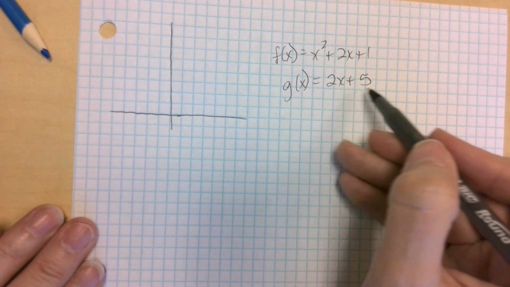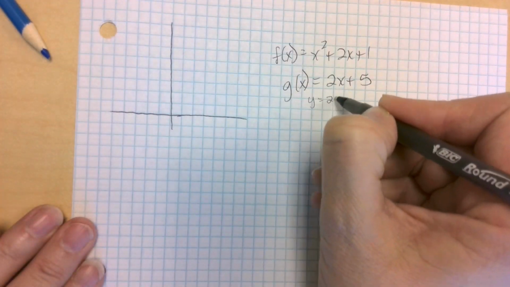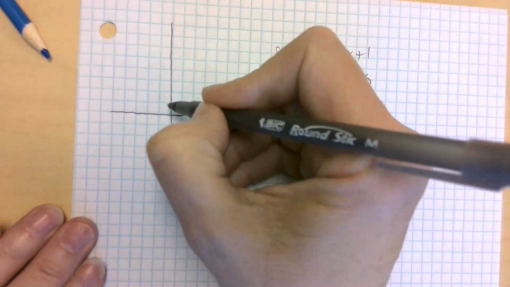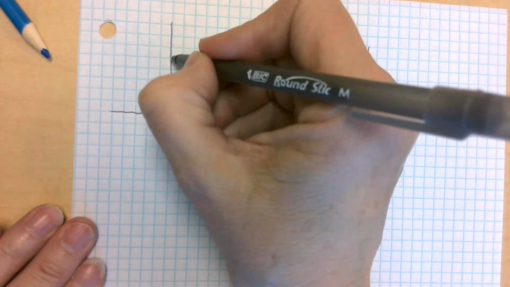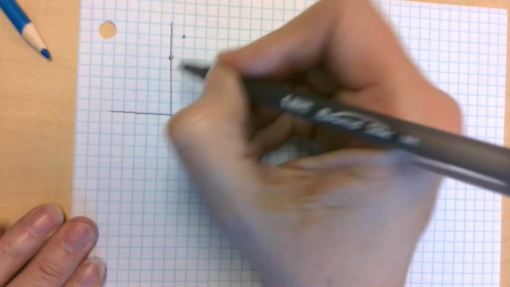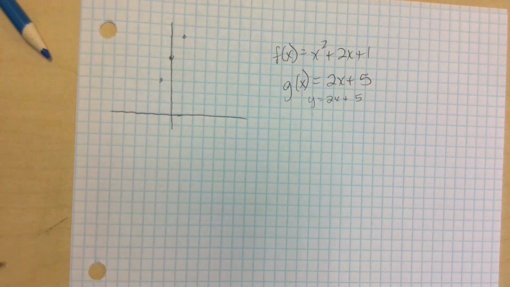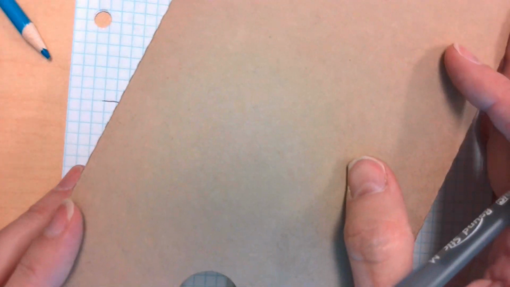I'm going to take my easier one to graph here. It's just a line, y equals mx plus b. 1, 2, 3, 4, 5. Y-intercept, rise 2, run 1, down 2, over 1. Got a good little line here, right?